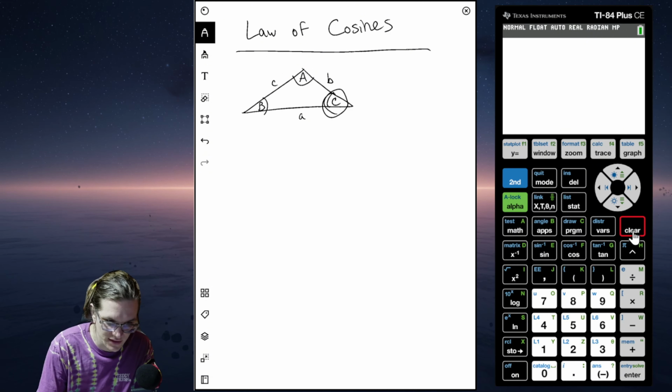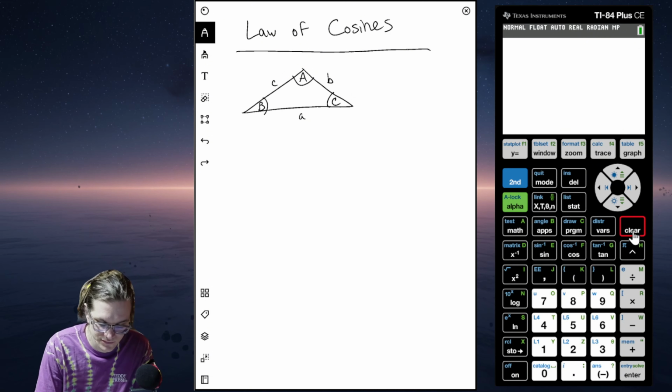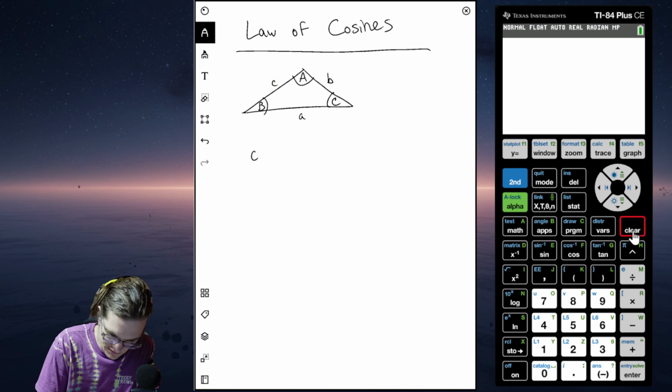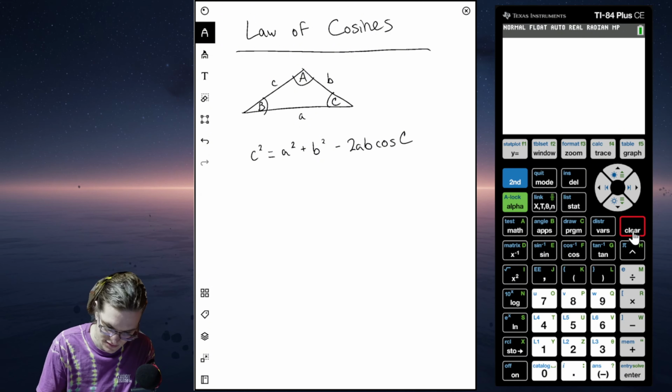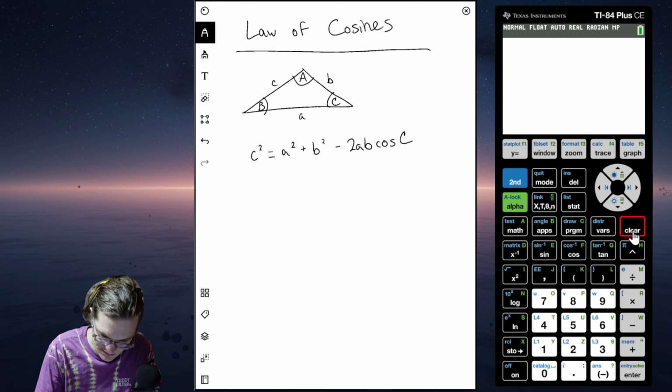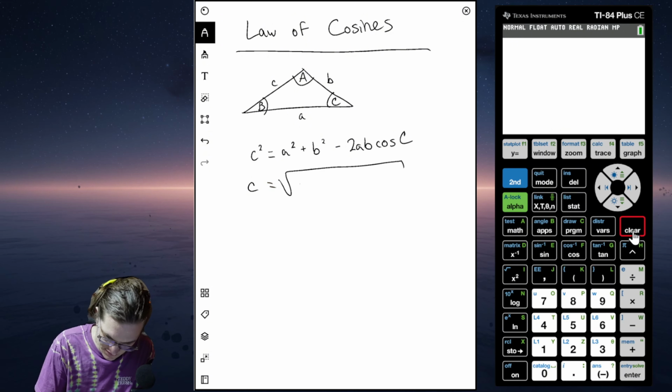So if this angle is relevant in your physics problem, and you know a few other things, in order to find what the side C is, you're going to need this formula, which of course we're going to derive: c squared equals a squared plus b squared minus 2ab cosine of C. It kind of looks like the Pythagorean theorem, but since it's not a right angle, we subtract 2 times the magnitude of A times the magnitude of B times the cosine of that angle. It's often written like this because, again, you want to find C.